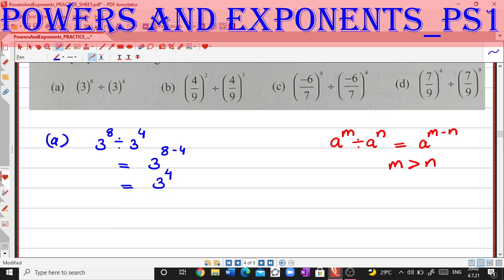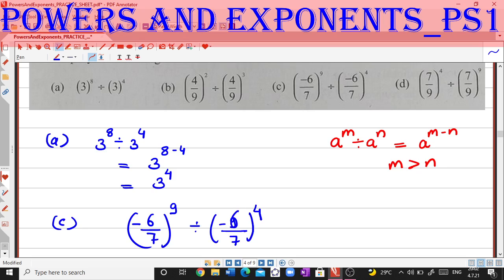Similarly, now I am taking this example with negative base. You can try this b and d part on your own. So minus 6 upon 7 raised to the power 9 divided by minus 6 upon 7 to the power 4.